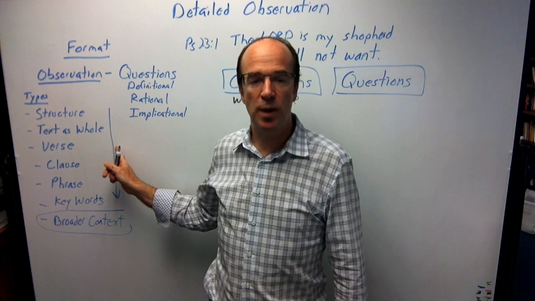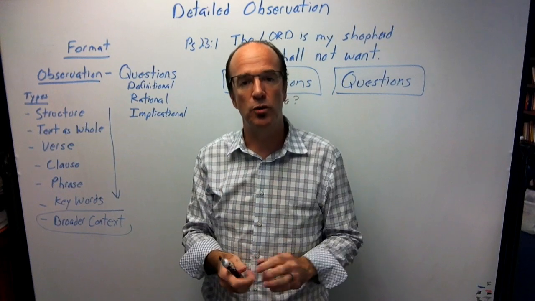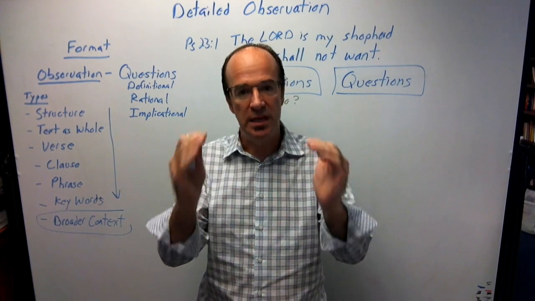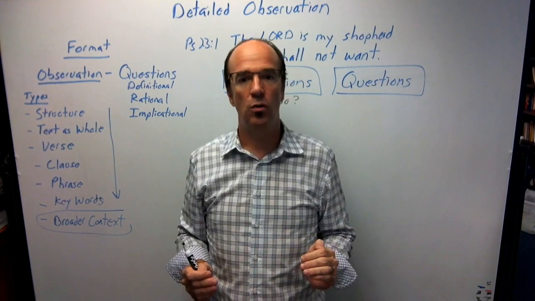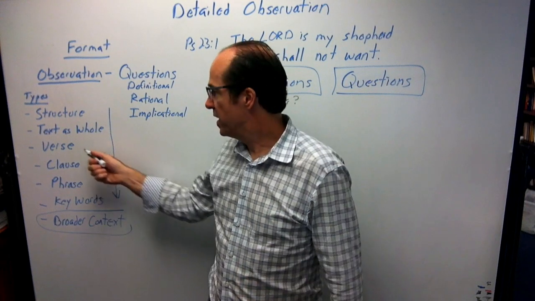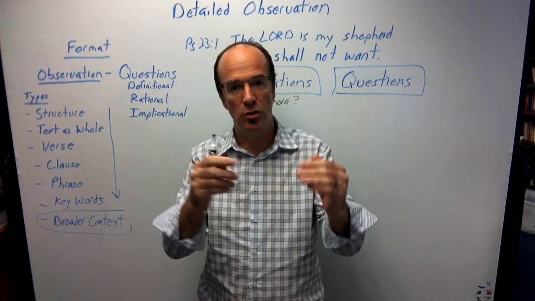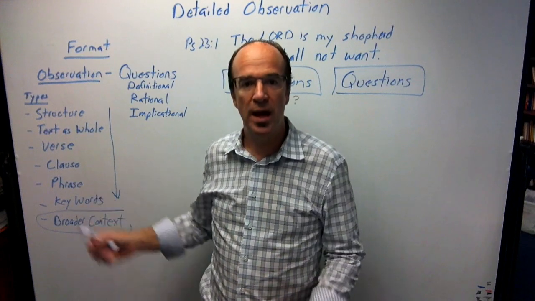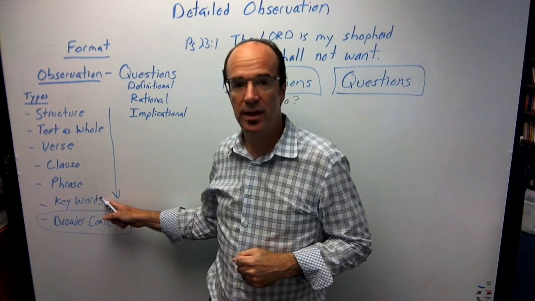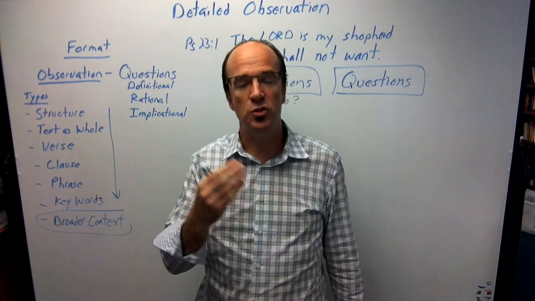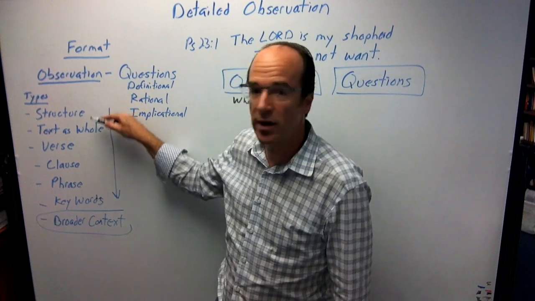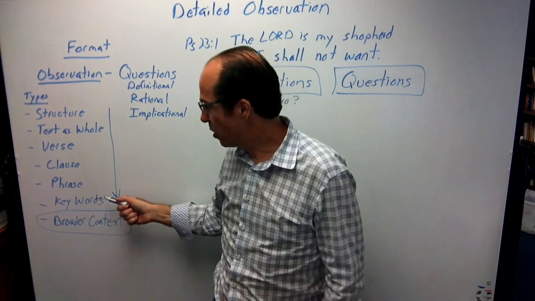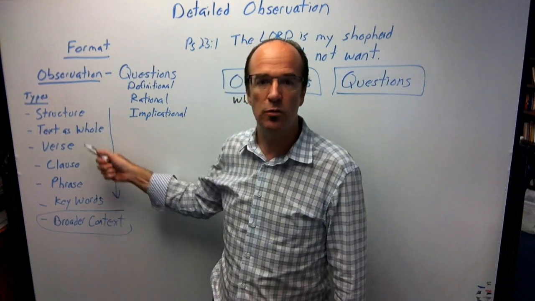And then go verse by verse if you're doing multiple verses. What can you say about each verse as a whole? What can you say then about each clause that you're looking at? What phrase? And then all the way down to the key words. So again, you don't have to be quite this wooden and methodical, but you want to think like that. Or maybe you do the opposite. Start with the words and move upwards.